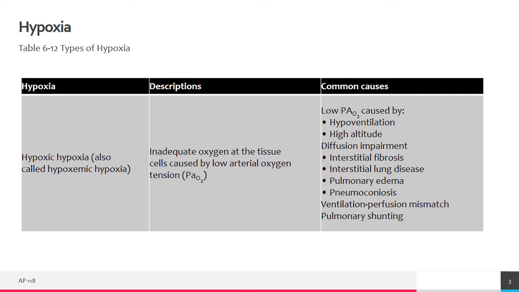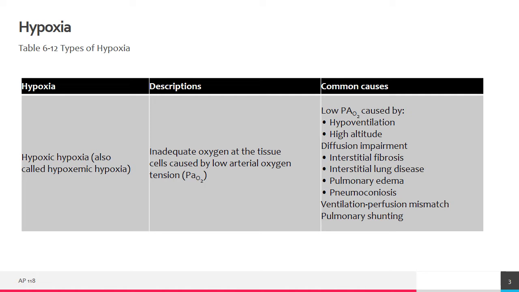So let's talk for a minute about diffusion deficits. Diffusion deficits are abnormal anatomic alterations of the lungs that result in an impedance of oxygen to transfer across the alveolar capillary membrane. When a diffusion deficit is present, the time available for oxygen equilibrium between the alveolus and the pulmonary capillary is not enough.